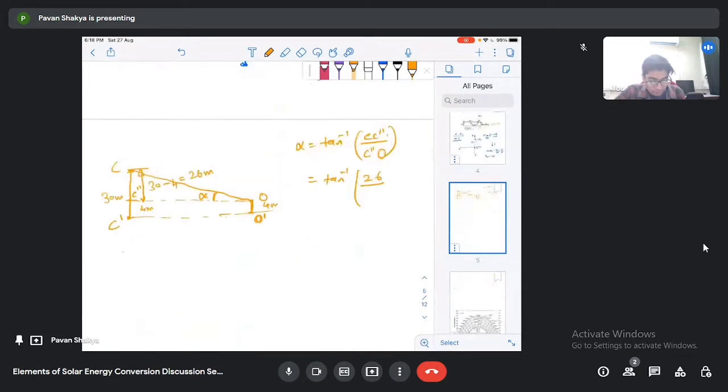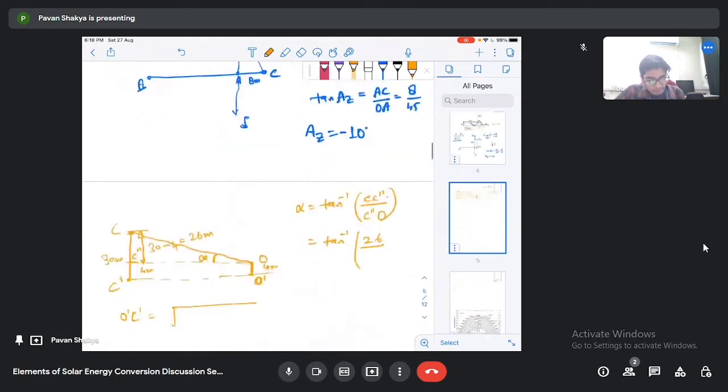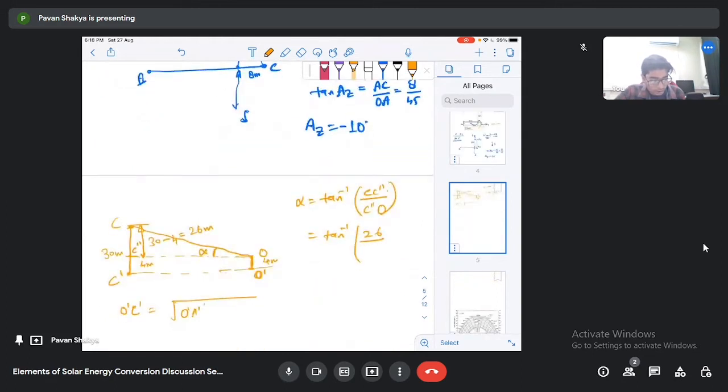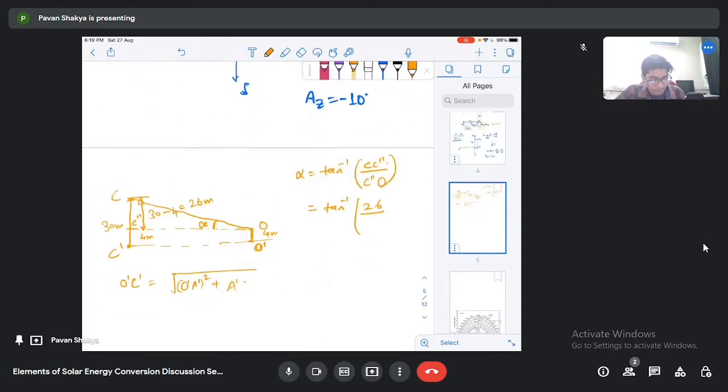So you can easily find that O dash C dash will be the square root of O dash A dash squared plus A dash C dash squared. When you put these values, you will find that O dash C dash comes out to be 45.7 meters.